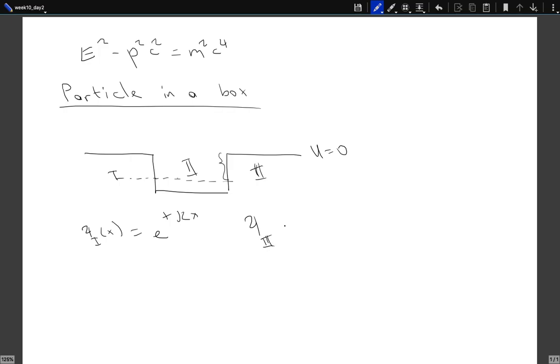And in region 3, it should have this form with certain currently unknown coefficients. So these are our wave functions. And in region 2, which is classically allowed, the wave function will be oscillating.